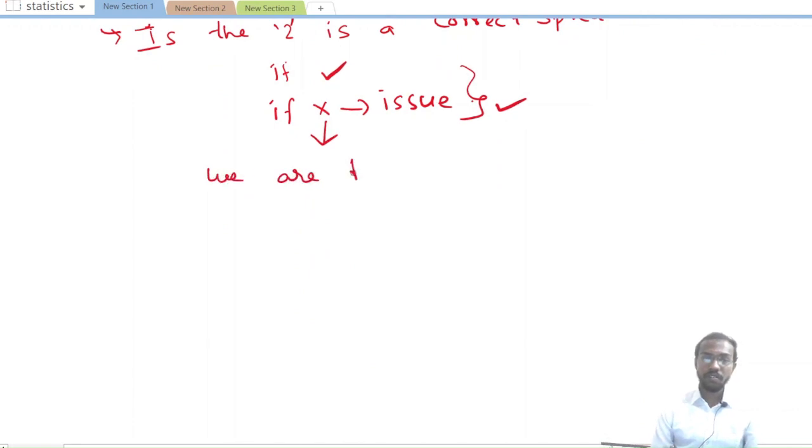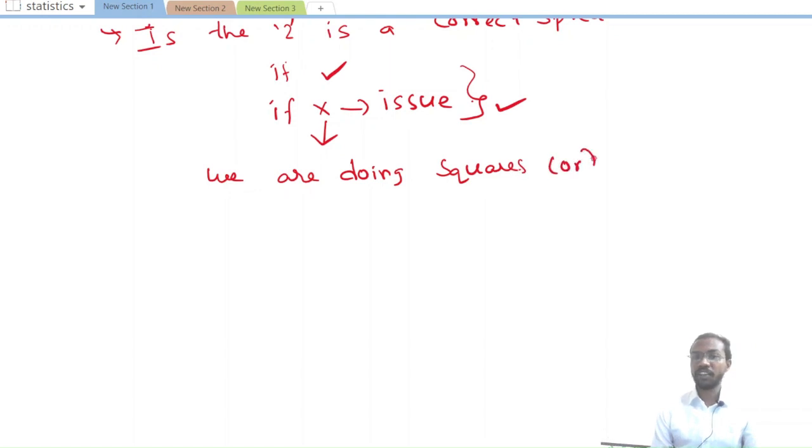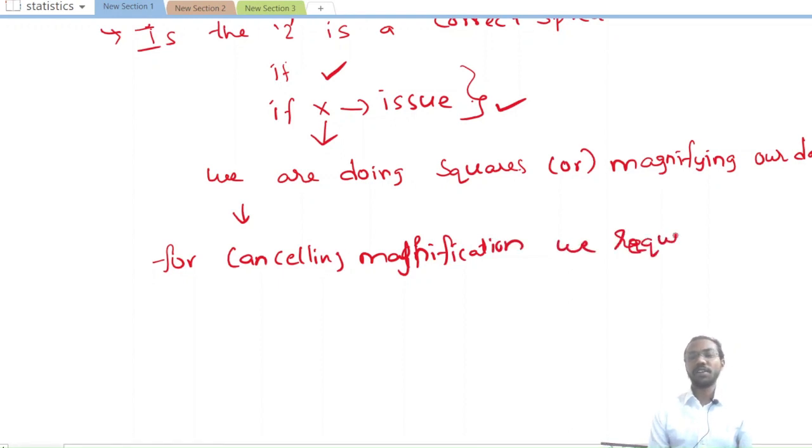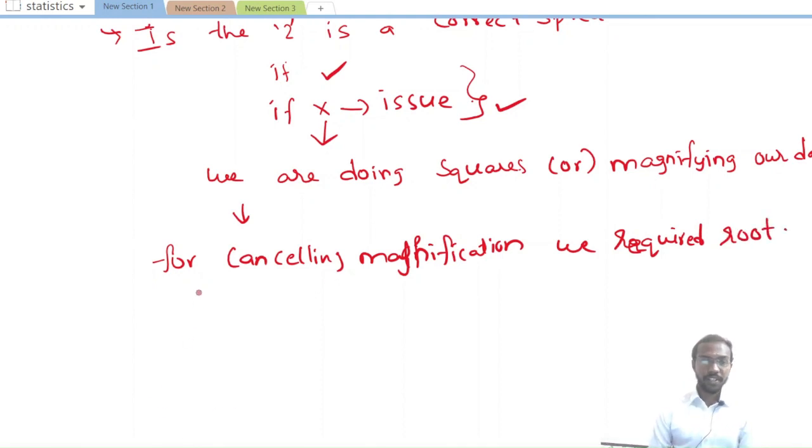By squaring, we are magnifying our data. So for cancelling the magnification, we require a root.